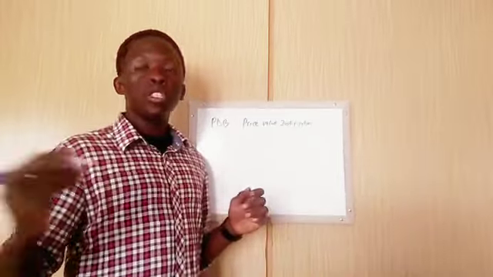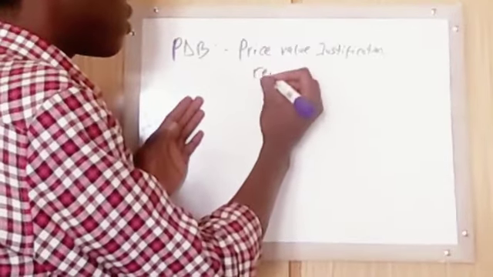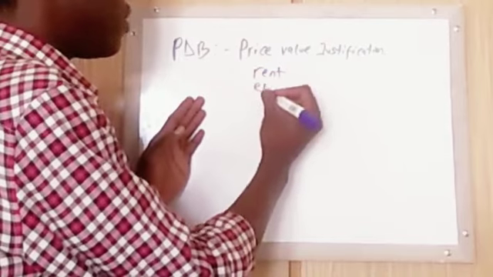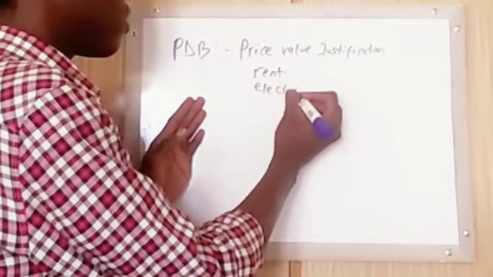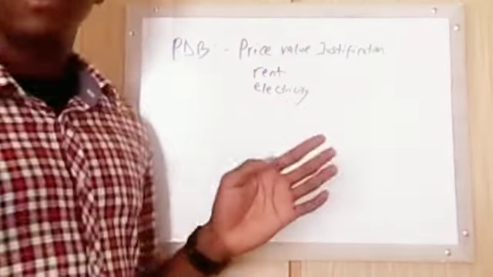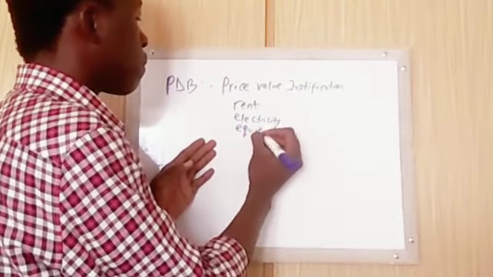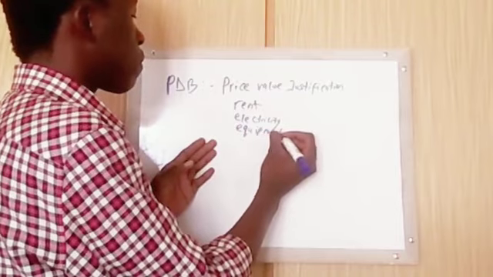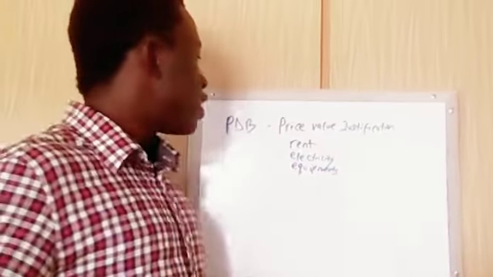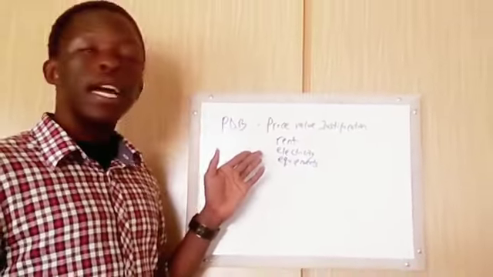Like the cost of the product. Let's say rent, electricity, then let's say equipment. Let's say for example rent, electricity and equipment.